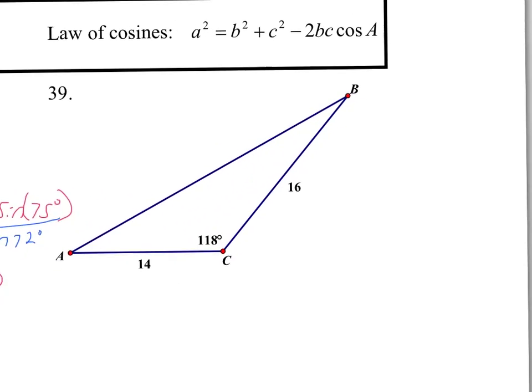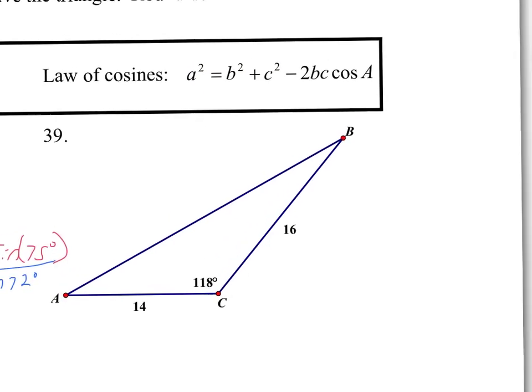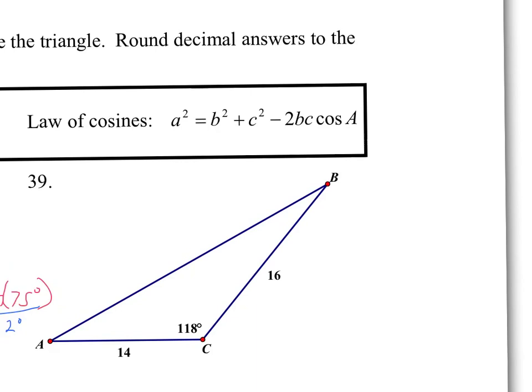Remember that even though there are A, B, and C in this formula, they aren't necessarily going to correspond to A, B, C in the triangle itself. What we talked about in class is that if you're going to try to find a side, let that be the side that starts the formula.